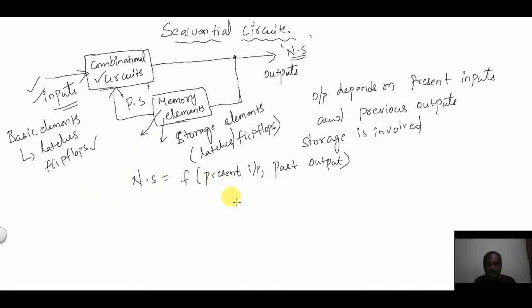Next, what are the differences between combinational and sequential circuits? The first basic difference is that combinational circuits do not have any storage, because we use logic gates, and logic gates do not have any memory.